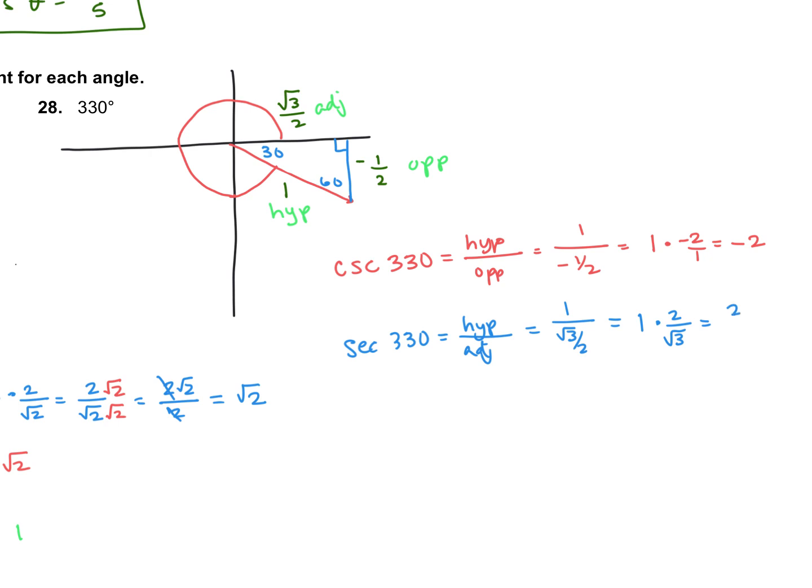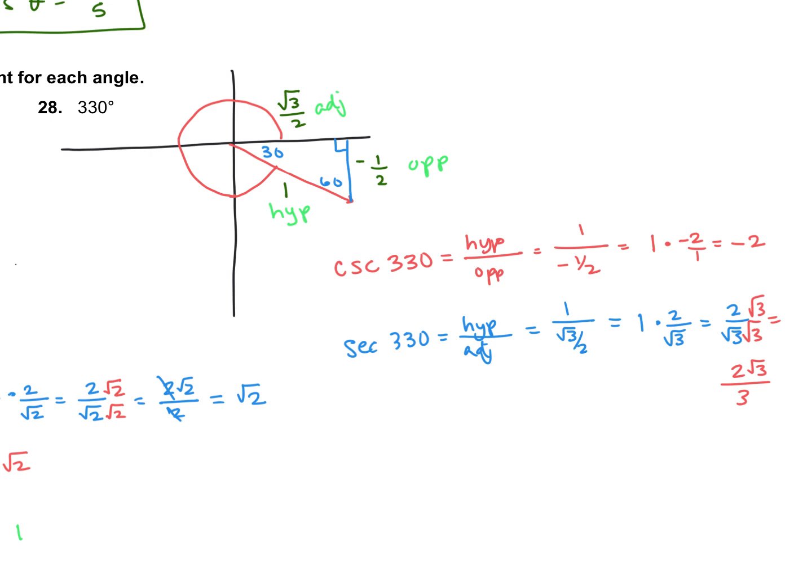So this is a 2 over root 3, but we can't leave that root 3 in the denominator, so we're going to rationalize, and we end up with a 2 root 3 in the numerator, and then the denominator, square root of 3 times square root of 3 is 3. And that cannot be simplified any further.